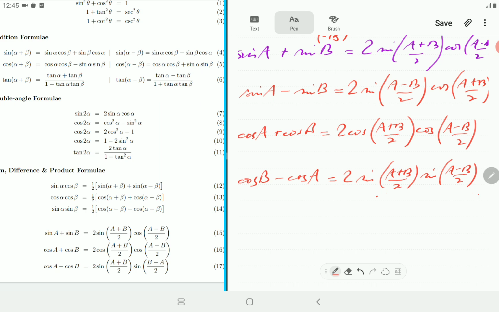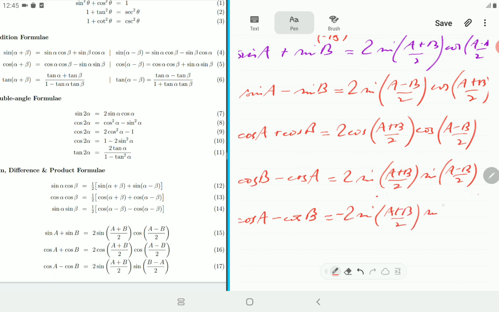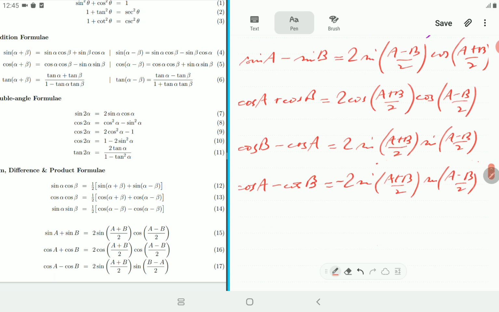This last one here, if you swap these terms, then there's going to be a negative this side, A plus B over 2, A minus B over 2, but then we can absorb this negative into that term there.